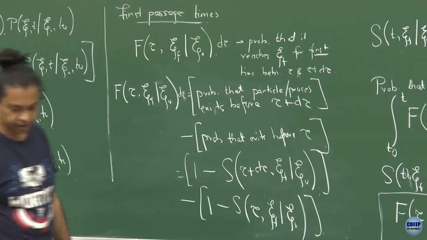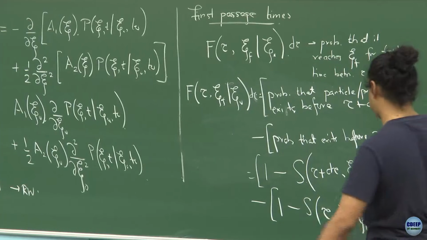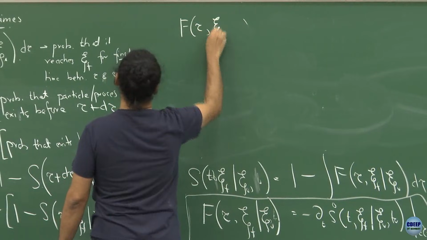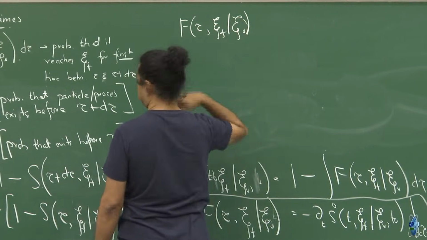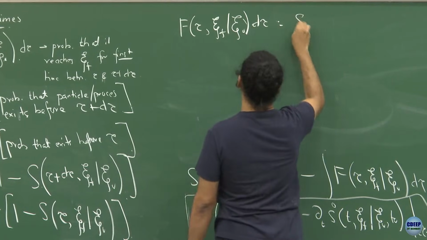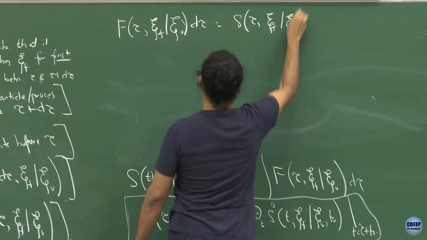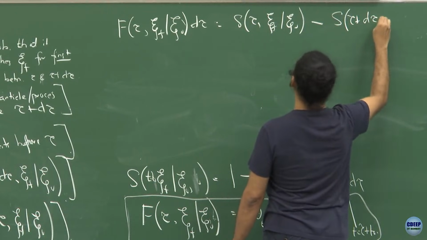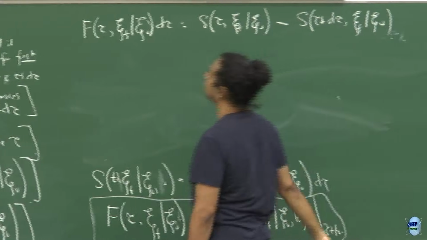So again, therefore, what I have is that this f(tau; xi_f, xi_0) d tau is s(tau; xi_f, xi_0) minus s(tau plus d tau; xi_f, xi_0), right?